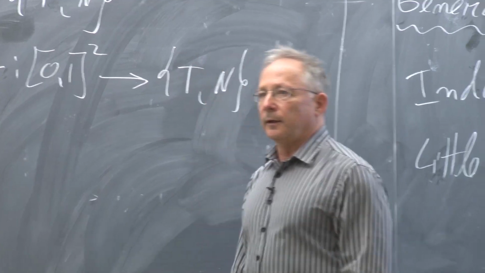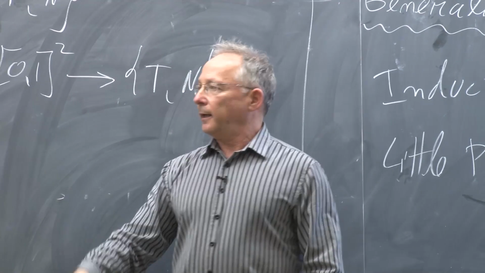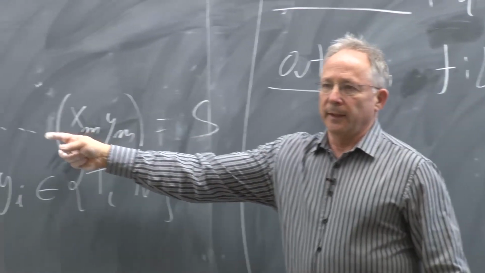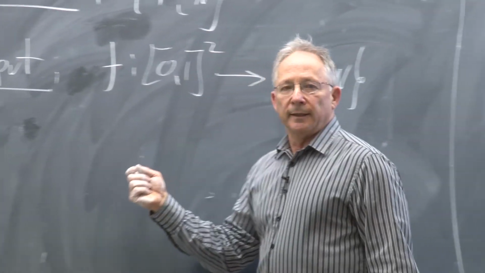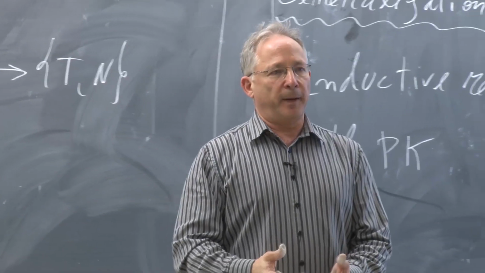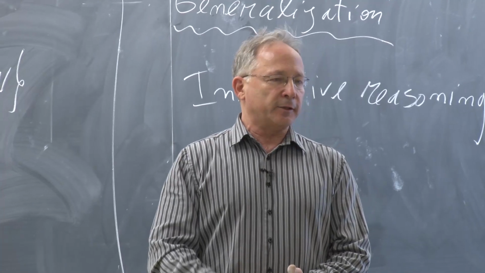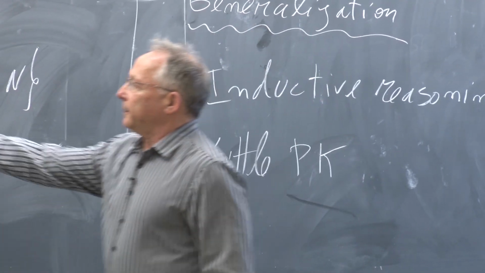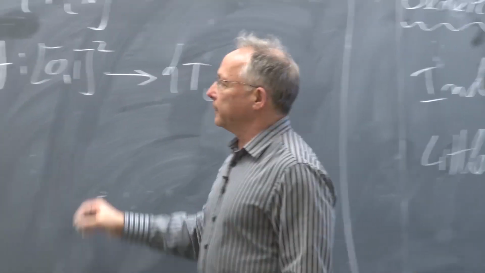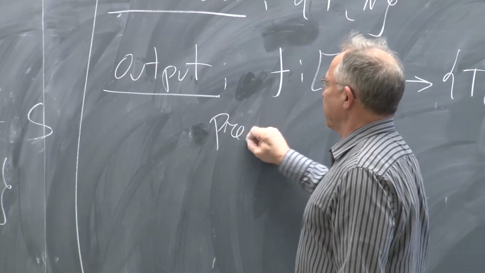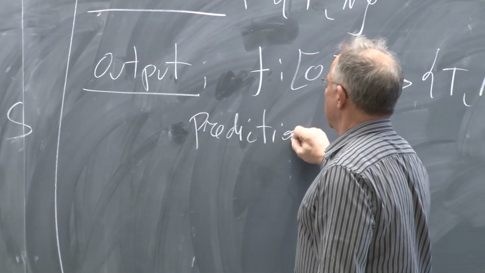So I get this training data, and my output should be a rule that tells me, when I examine a papaya and detect its color and softness, this is called a prediction rule.